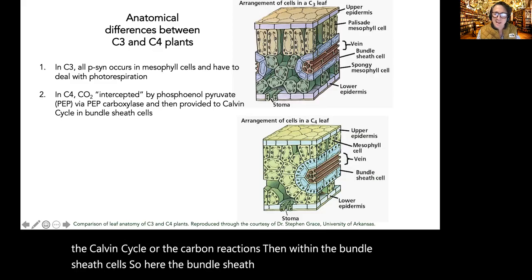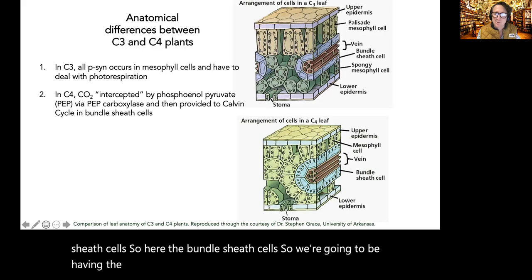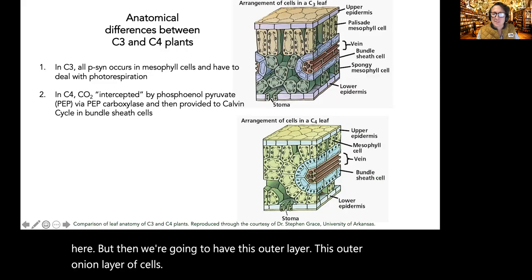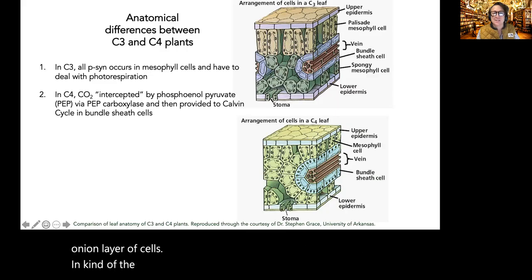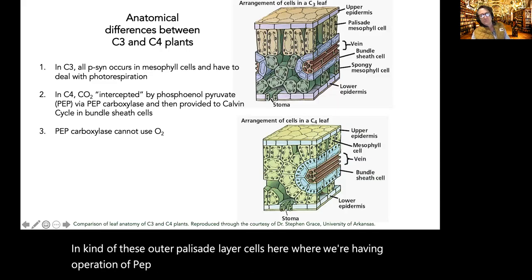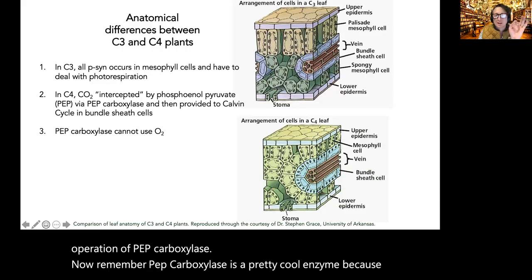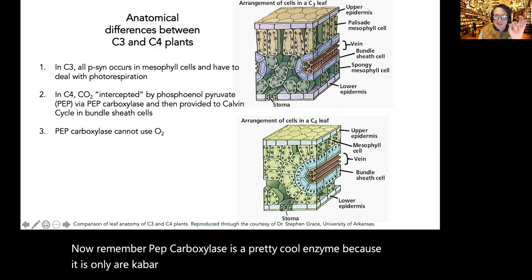So we're going to have the operation of rubisco or normal C3 photosynthesis here, but then we're going to have this outer onion layer of cells, in these outer palisade layer cells here, where we're having the operation of PEP carboxylase. Now remember, PEP carboxylase is a pretty cool enzyme because it is only a carboxylase. It's not an oxygenase.